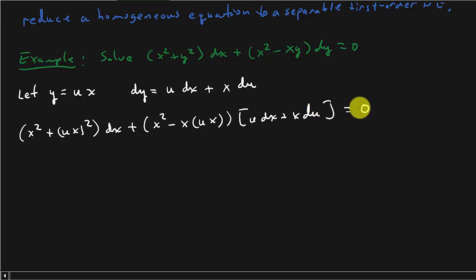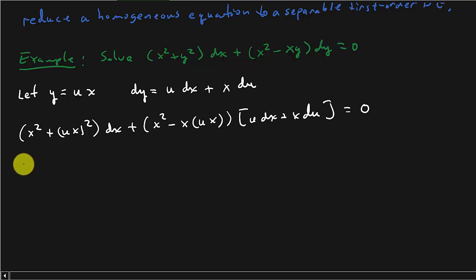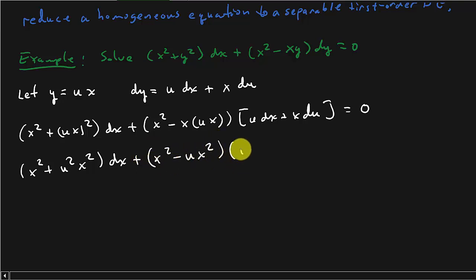And that equals 0. So this is going to give us x squared plus u squared x squared dx plus x squared minus ux squared times u dx plus x du equals 0.